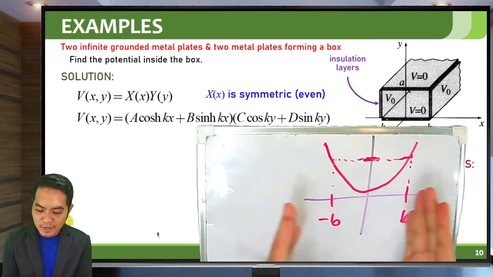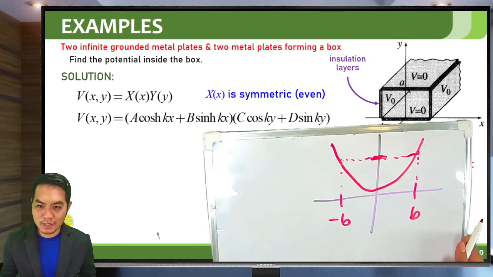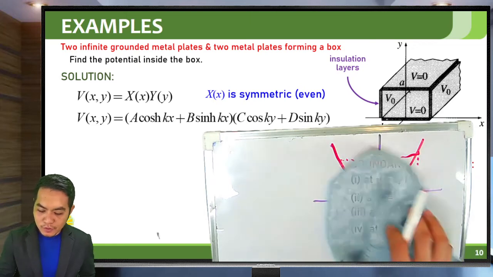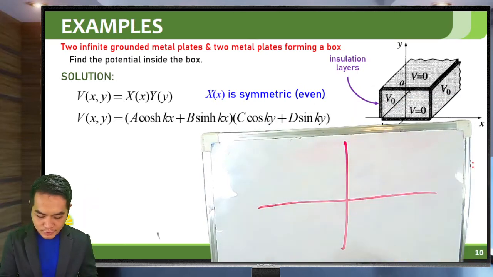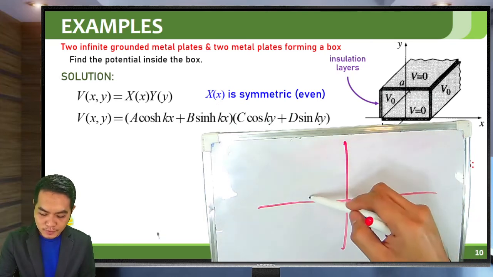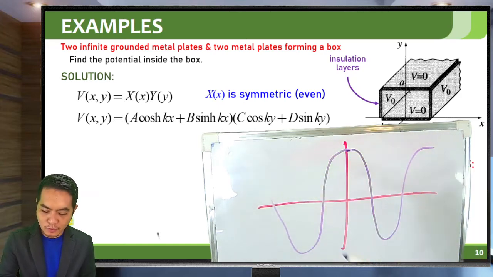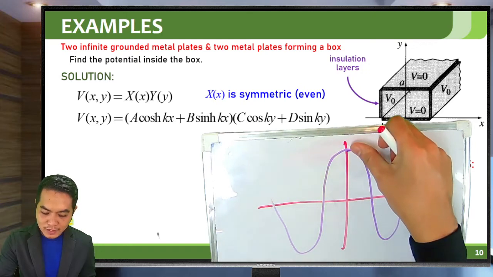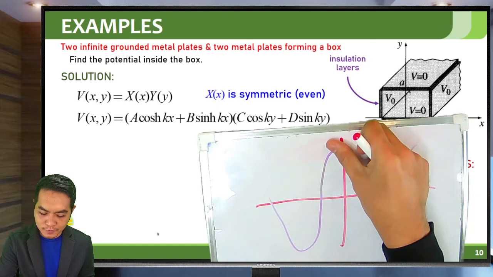So they are symmetric on both sides of the boundary. A cosine function, for instance, is an even function. Cosine starts from 1, so that's an even function. That's the graph of a cosine. But the sine is an antisymmetric function, it's not an even function.